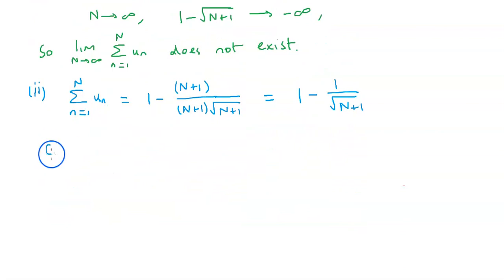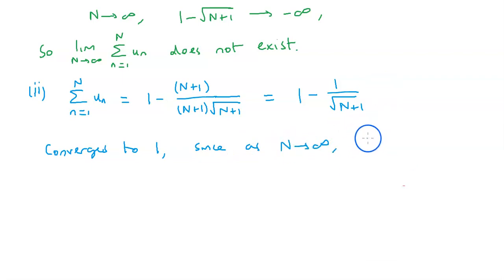And this one converges to 1, since as N tends to infinity, 1 minus 1 divided by the square root of N plus 1 tends towards 1.